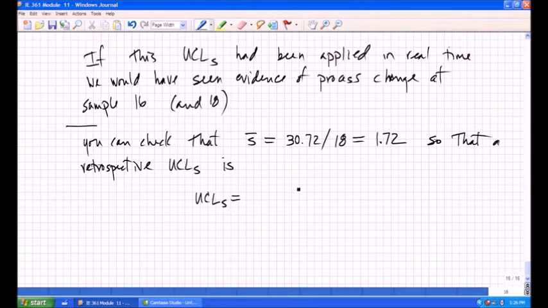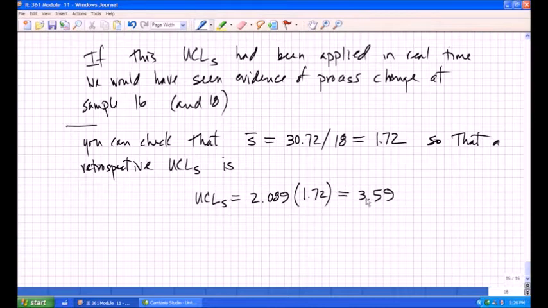Big B4 for a sample of size 5 turns out to be 2.089. And I multiply that by 1.72, that turns out to be 3.59.